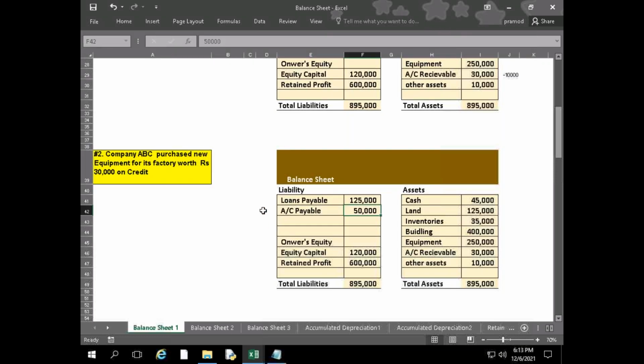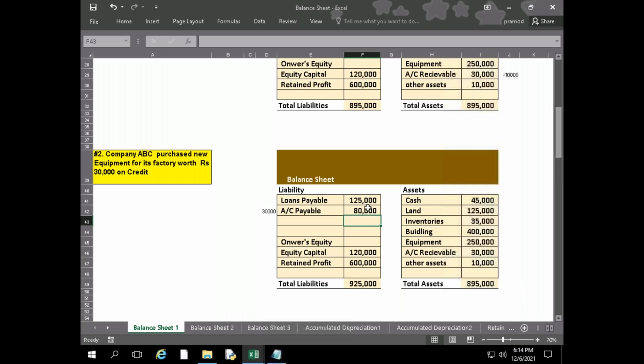So my accounts payable plus 30,000. 50,000 plus 30,000, I should change it into 80,000. But here the liability is 9,25,000 and in the assets it is 8,95,000. Still, it should match.